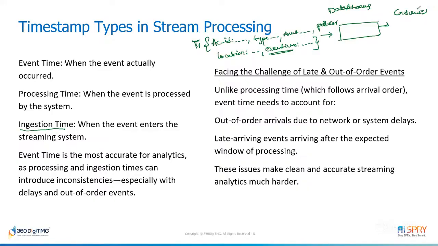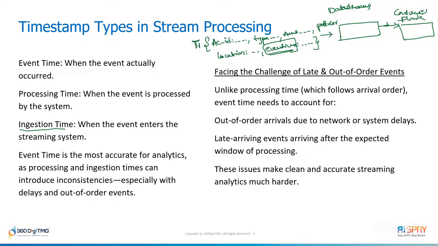And on the consumer side, I am doing real-time processing using Flink. So there are three types of timestamps here. One is the event time, when the transaction happened. Then you ingest into the data stream, that is ingestion time, and then you have processing time, when the event is processed by a system like Flink.